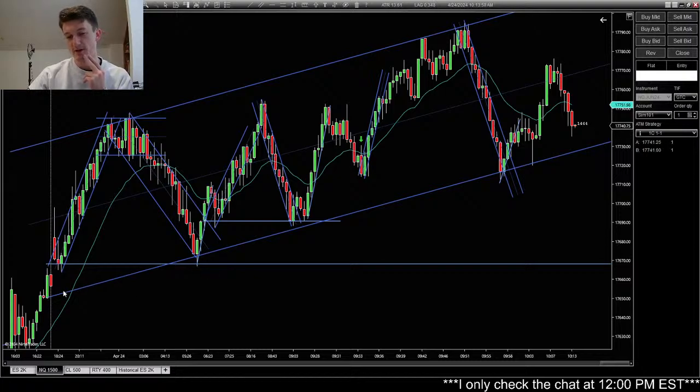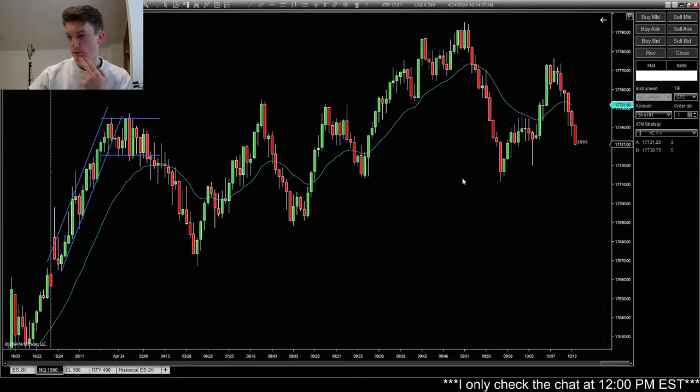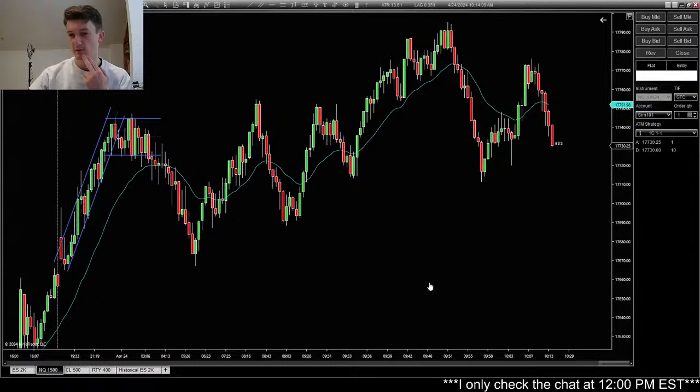There's still some weird things about this uptrend, like price is not touching here and starting in a weird place. So I'm gonna take another look.